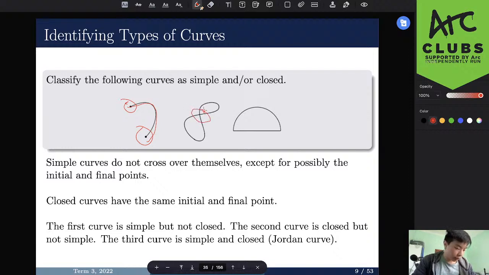Obviously it crosses over at this point, so we say that it's not simple, and of course it does look like it's closed since you can't discern an initial and final point. And of course the third curve is going to be both. It's both simple since it doesn't cross over itself, and it's also closed. And if it's both simple and closed, we call this a Jordan curve.